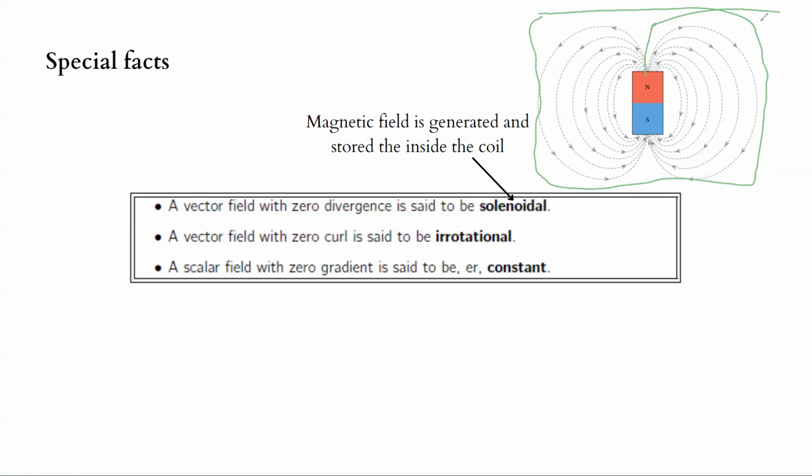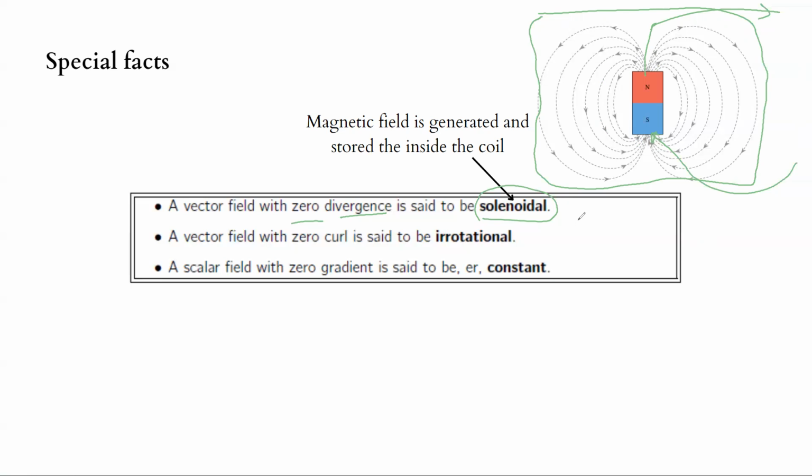So it might not be clear to you right now. It's okay. What I'm saying is that there is no field line that is going out and not coming back, if it is a solenoid, right? So therefore, if it is a solenoid, the flux is known to have zero divergence.